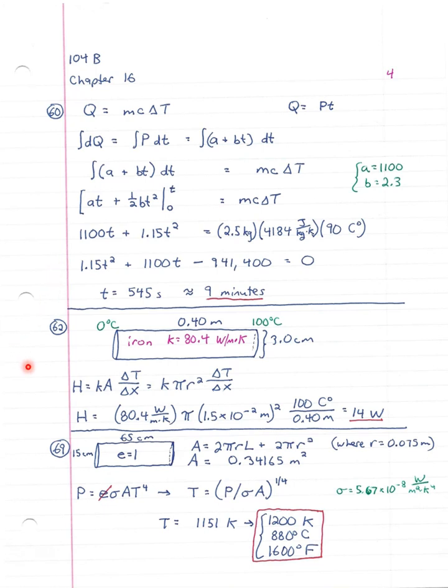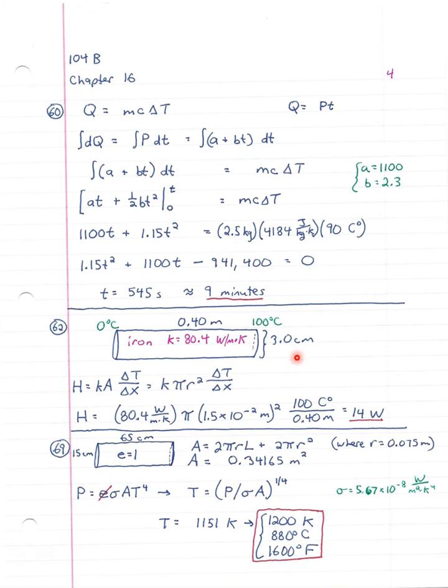Number 62 says one end of an iron rod, 40 centimeters long, 3 centimeters in diameter, is in ice, the other in boiling water. You can look at the picture in the book. The rod is well insulated, so no heat is lost out the sides. Find the heat flow rate along the rod. All right, here I've drawn a more simplified picture of the rod.